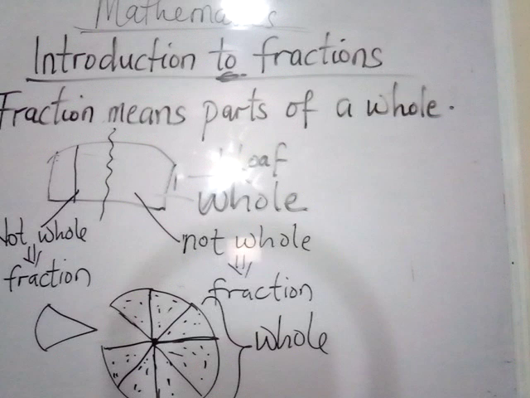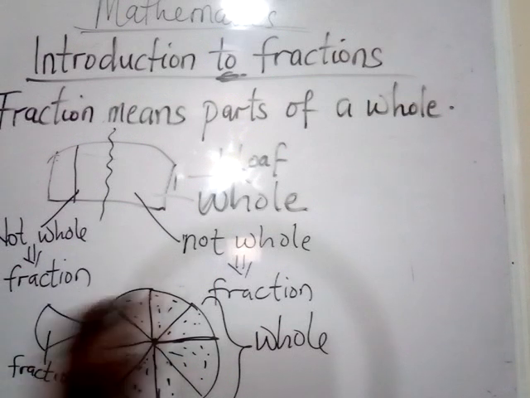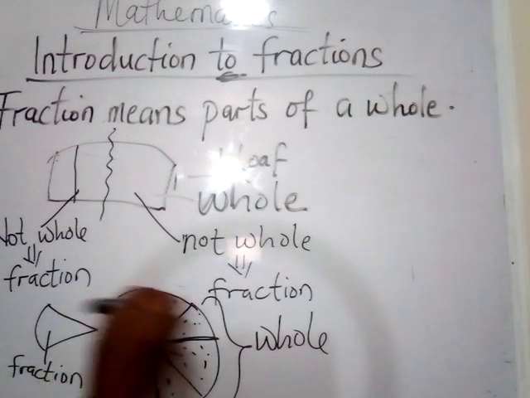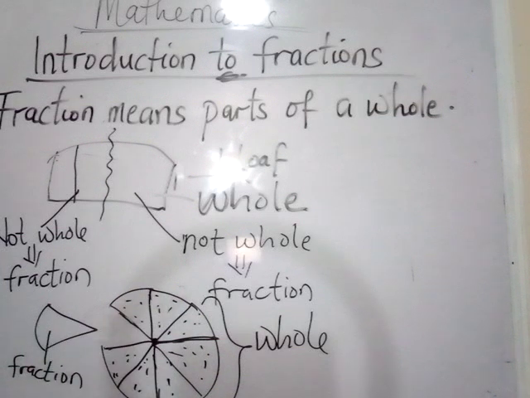Now this slice that is out is a part of this whole, is one part of these 8 pieces of pizza. So this is a fraction. And because a part has already left the whole pizza, the remaining one, even though it looks large and all of that, is no longer whole.